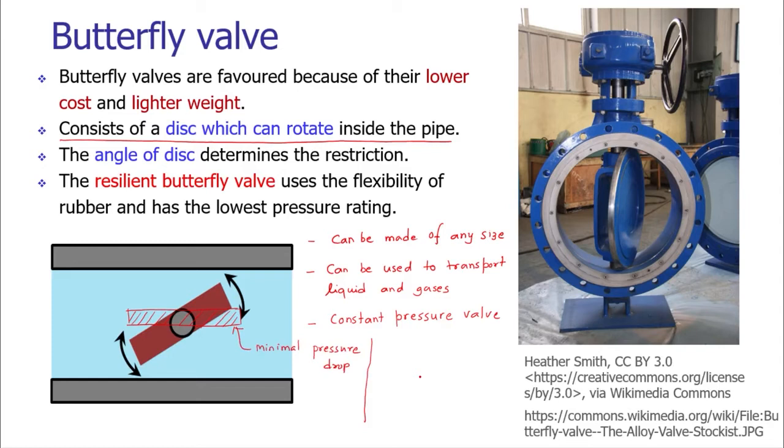The disc of the butterfly valve is generally made up of plastic or steel. In general, stainless steel is used, and if you add nickel, then it offers us high corrosion resistance.